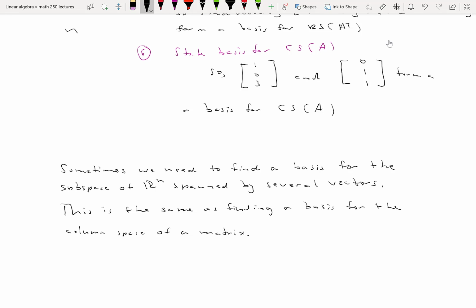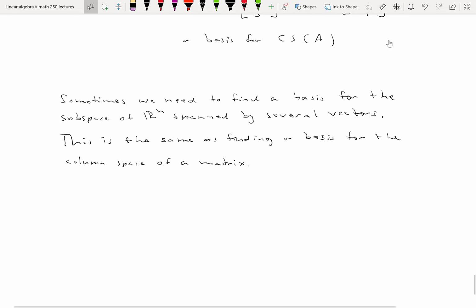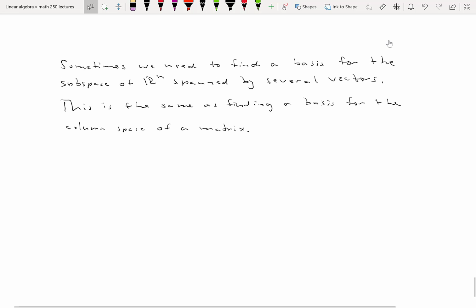So here's sort of a preface for our last example. Sometimes we need to find a basis for the subspace of Rn spanned by several vectors. This is the same as finding a basis for the column space of a particular matrix. So here's an example of what I'm talking about.